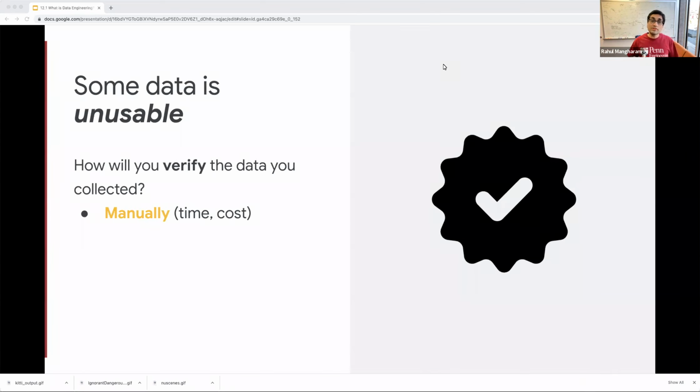So let's talk a little bit about what data is actually useful. You've collected the data now, and you're trying to validate or verify that data. And you've got to keep in mind that verifying the data is very tedious because it's manual in some sense, and it'll cost you time and a lot of money as well, because you might have to hire individuals to listen to every single one of those keywords, for instance, and make sure that every file actually has the right keyword.